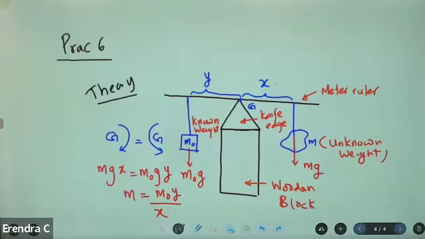Next, put a star and write: finding it for one measurement will not be accurate.